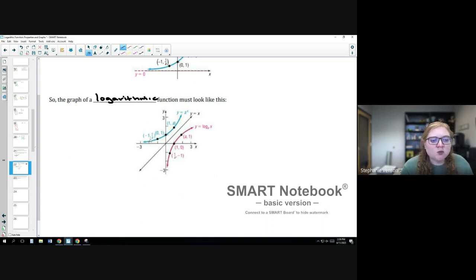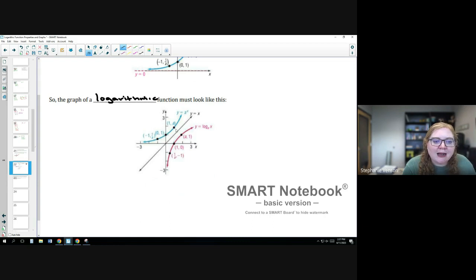Instead of (-1, 1/a), you're going to have (1/a, -1), because that's what an inverse does. Instead of (0, 1), you're going to have (1, 0). Instead of (1, a), you're going to have (a, 1). And look, there's that line y equals x that we talked about. You can see that the exponential is a reflection of its inverse, which is the logarithmic.